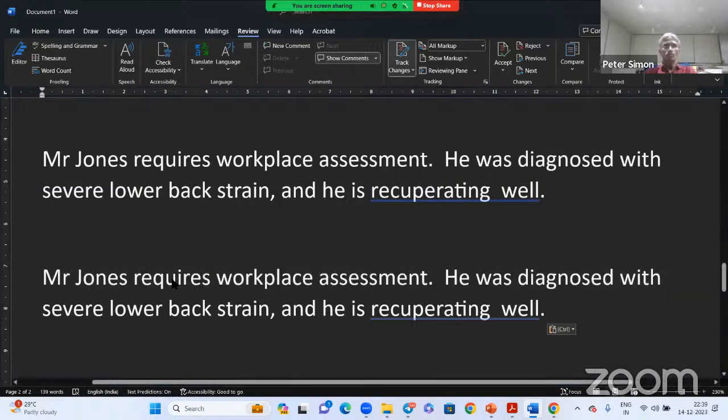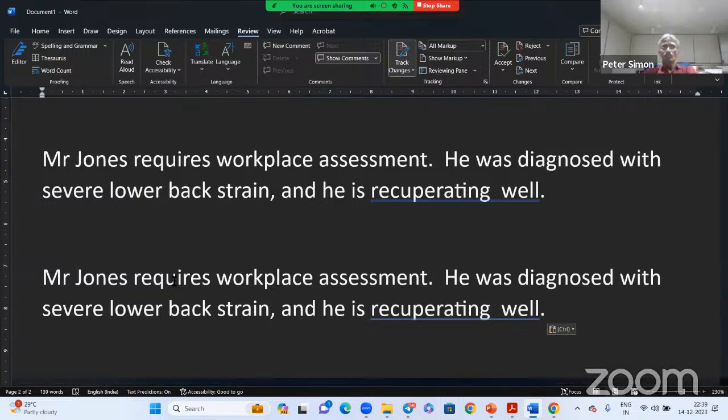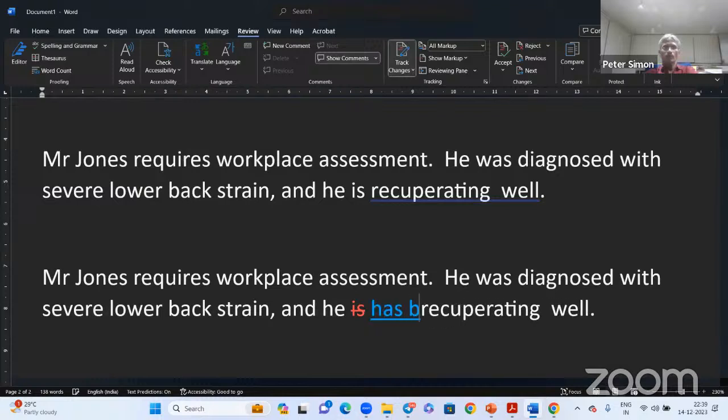Mr. Jones requires workplace assessment. He was diagnosed with severe lower back strain and has been recuperating well. Whenever you are using the word recovering or recuperating, you use has been.